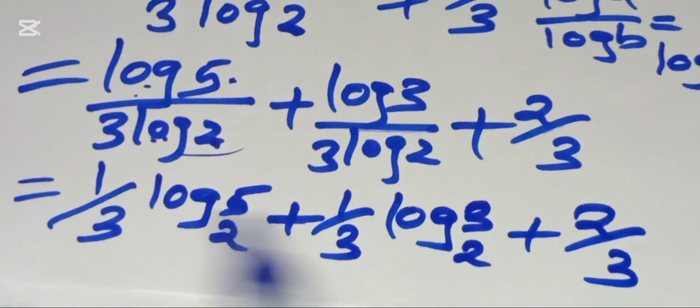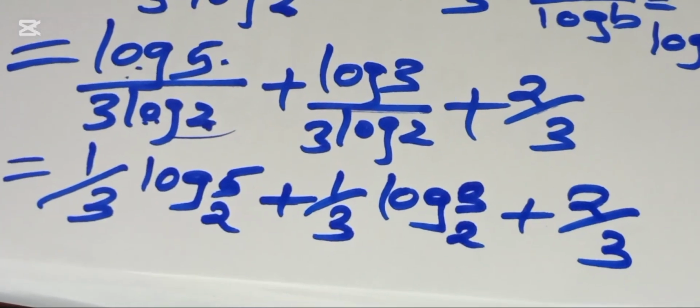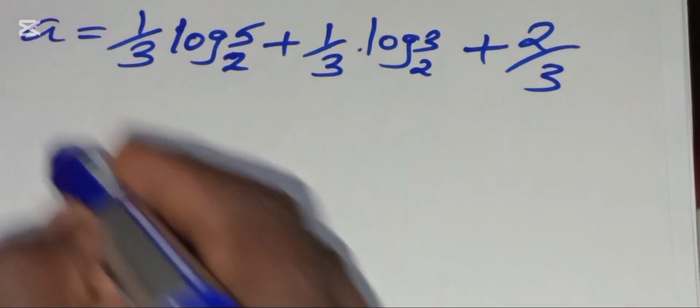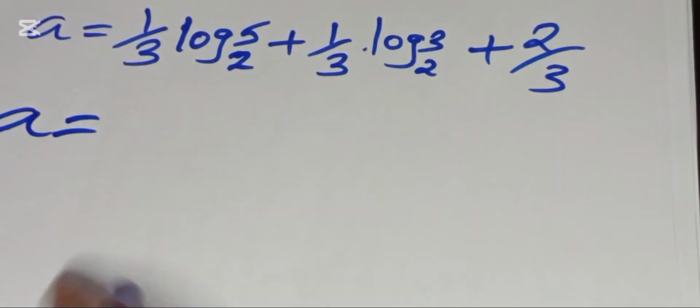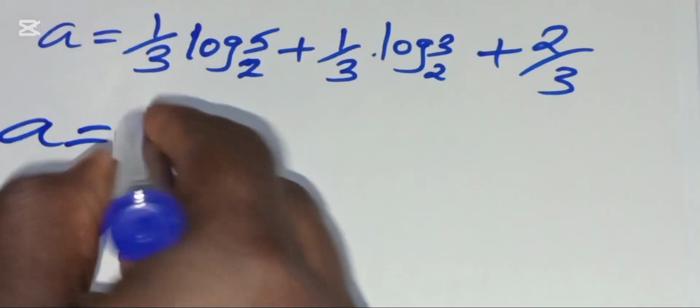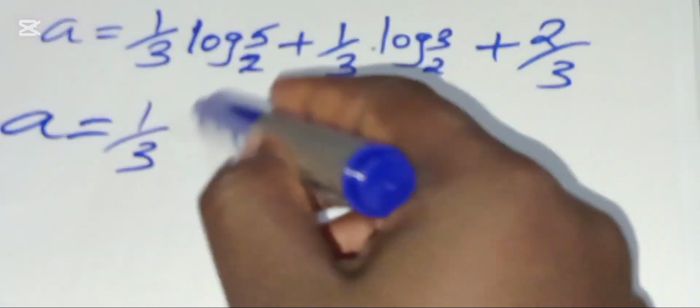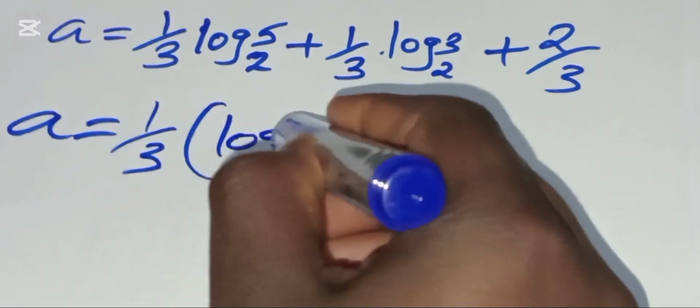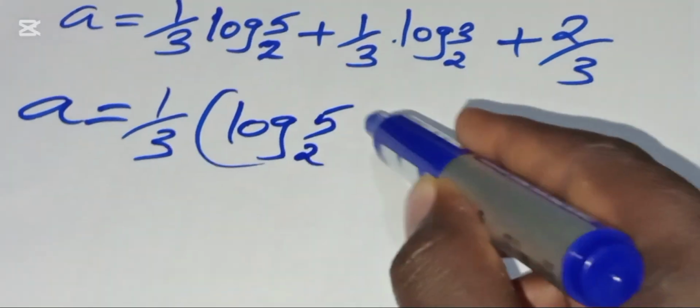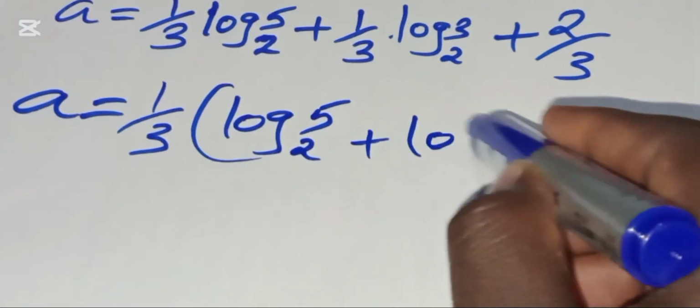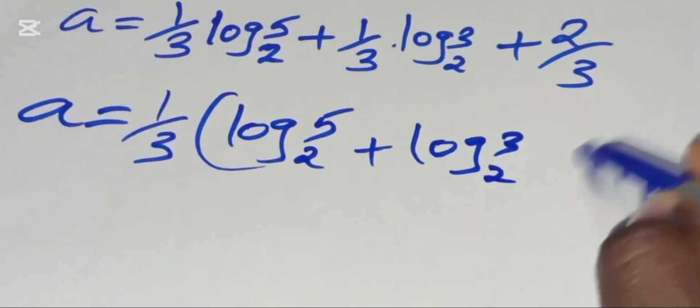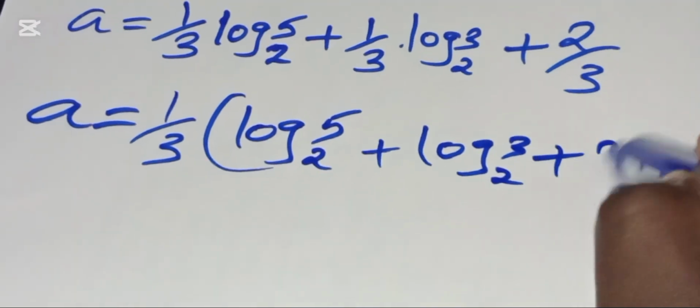Now we can write a as equal to a third, since a third is common here, into the bracket we have log 5 to base 2 plus log 3 to base 2, plus 2.